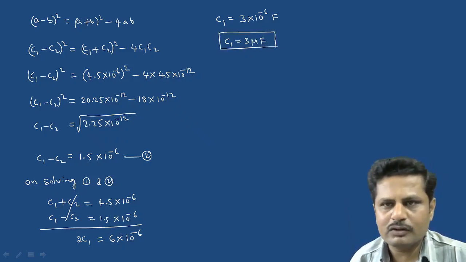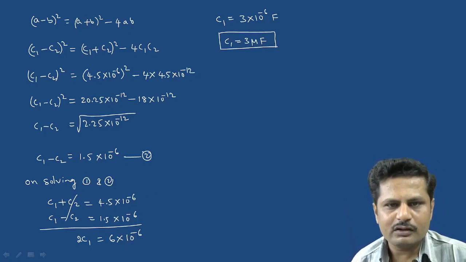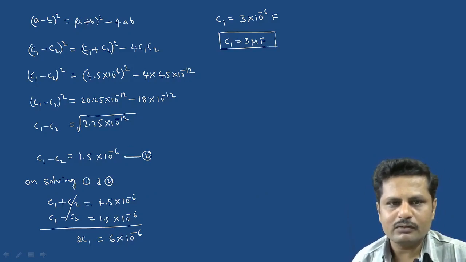Now on substituting this value in any one of equations 1 and 2, we can get C2. Let me write equation 2, that is C1 minus C2 equals 1.5 into 10 raised to minus 6. On substituting the value of C1, that is 3 into 10 raised to minus 6 minus C2 equals 1.5 into 10 raised to minus 6.